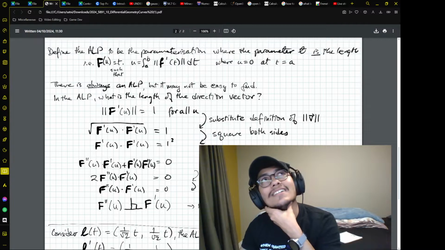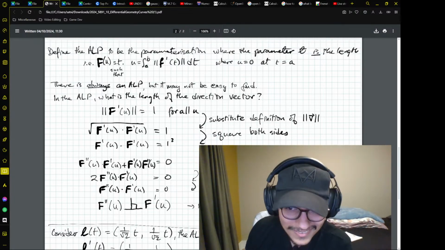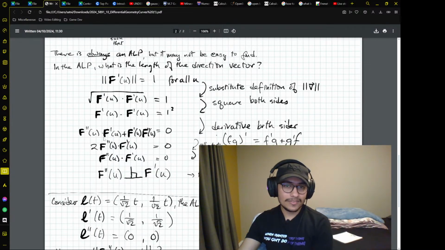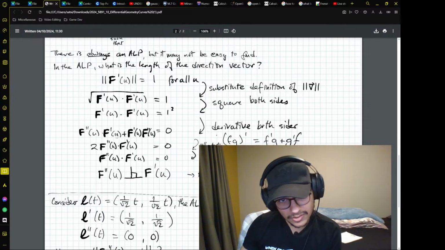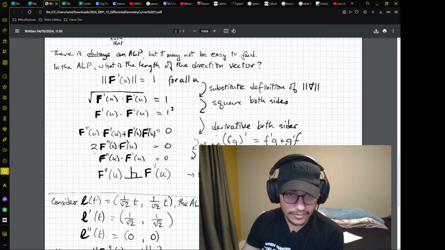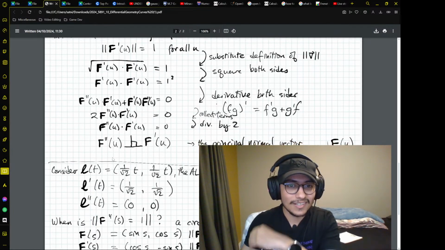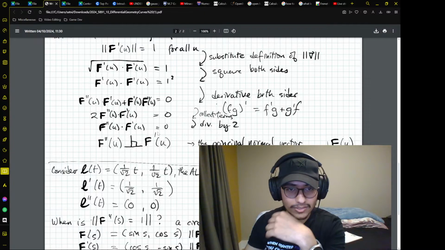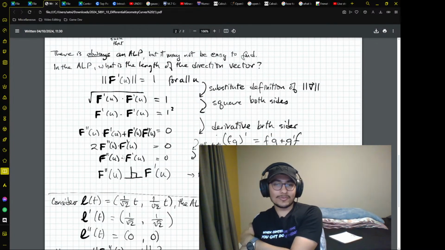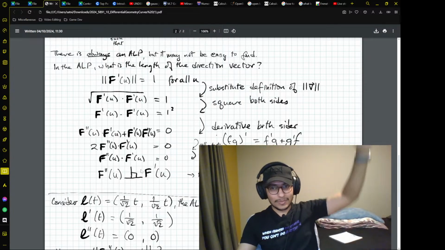I think it was in 10th or 11th class calculus. Since f dash u and f double dash u are commutative, we can write them as 2 times f dash u and f double dash u, and this equals 0. So the dot product between these two will only be 0 when they both are perpendicular.